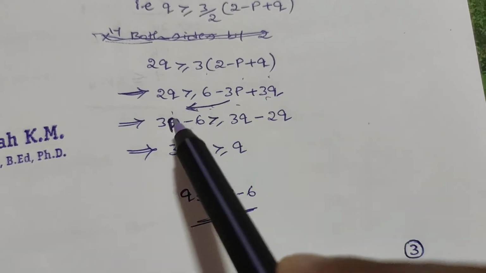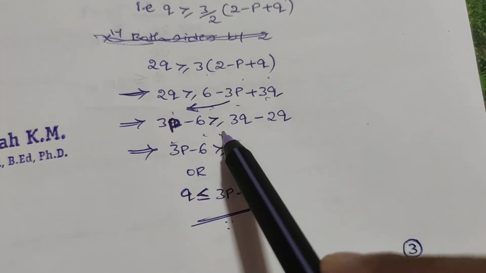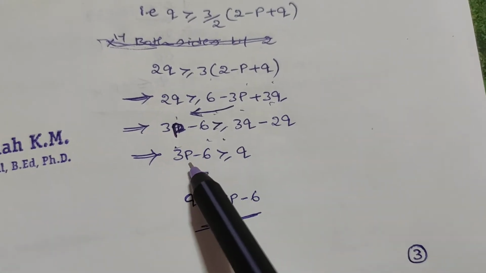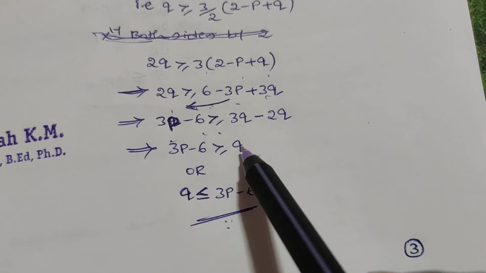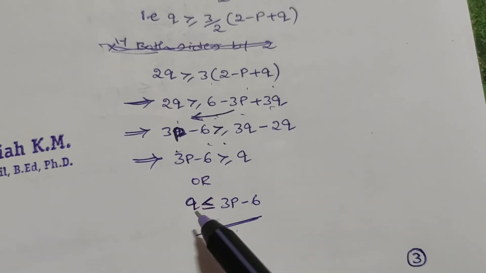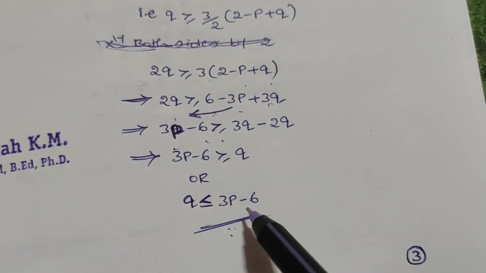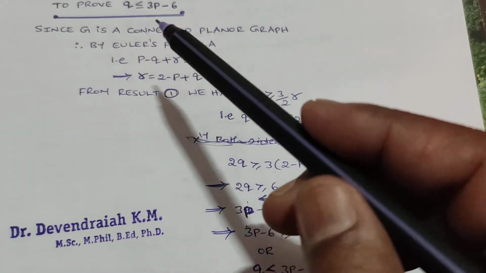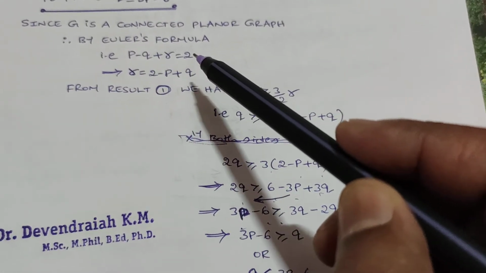We observe that 3P minus 6 is greater than or equal to 3Q minus 2Q. Therefore, 3P minus 6 is greater than or equal to Q, or Q is less than or equal to 3P minus 6.